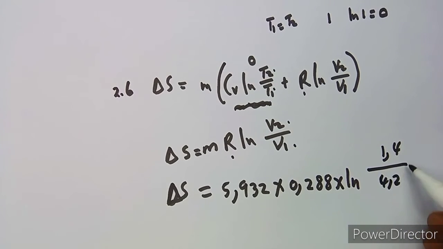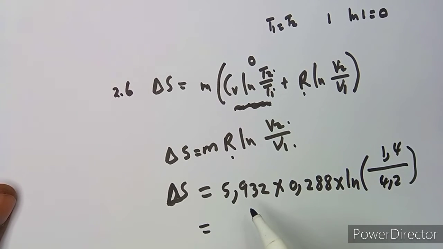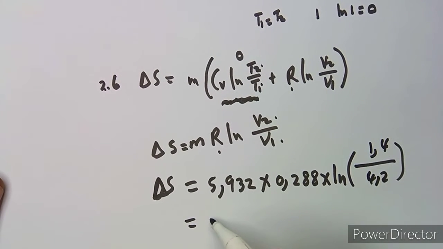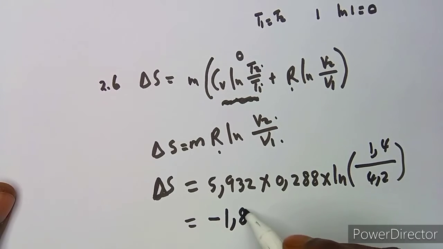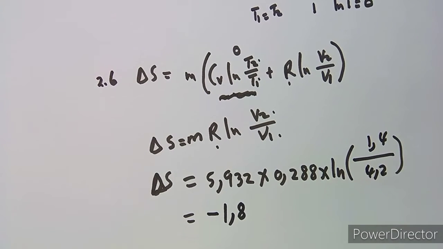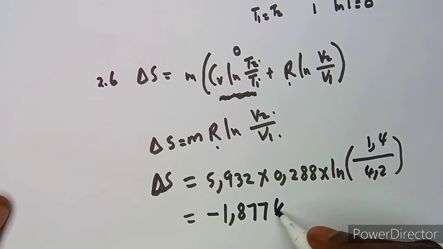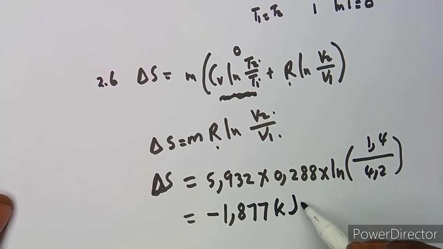Because of compression, it's going to be negative again. Our change in entropy is going to be negative, about 1.87688, in kilojoules.